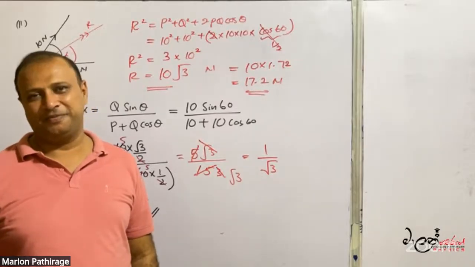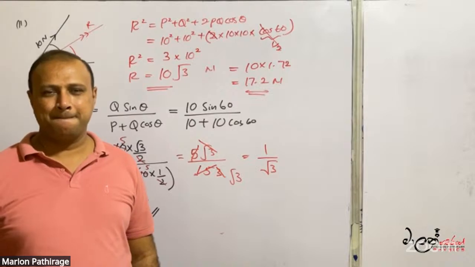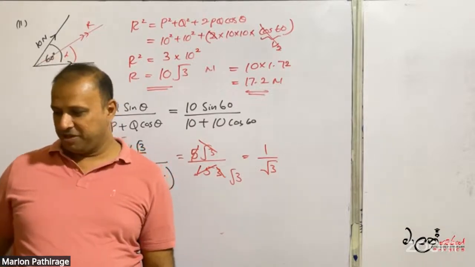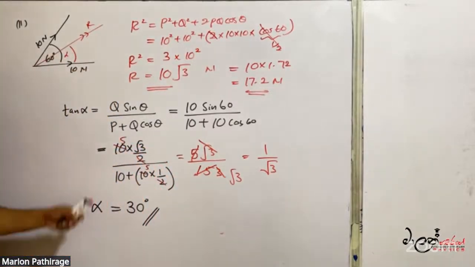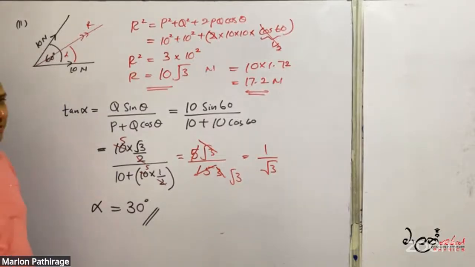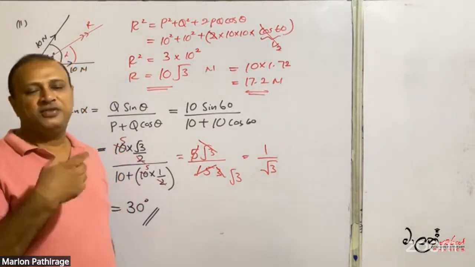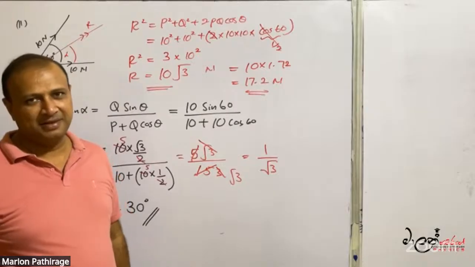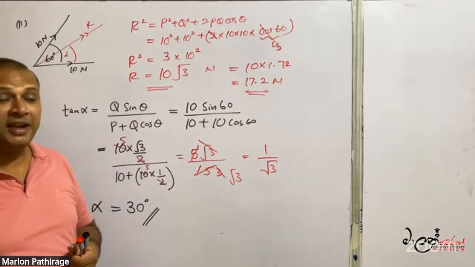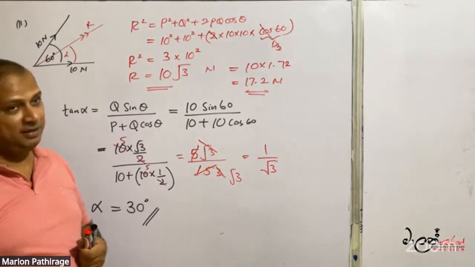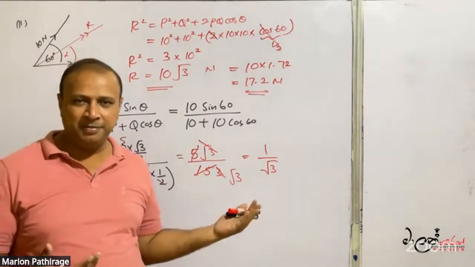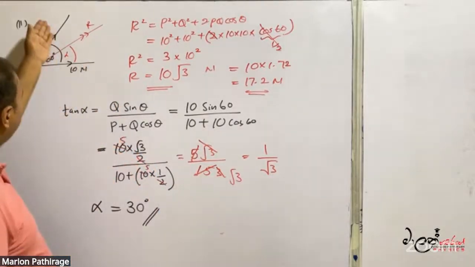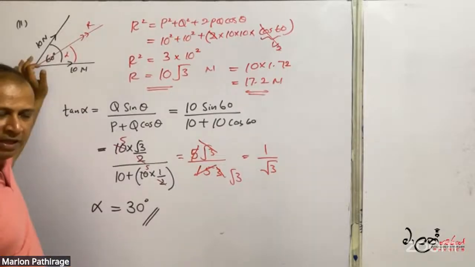What kind of shape? If you complete this diagram, what kind of shape? Definitely, if you complete the parallelogram, it will be a parallelogram.